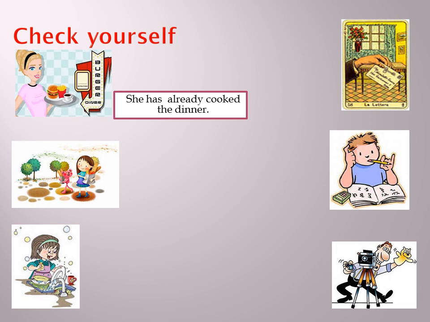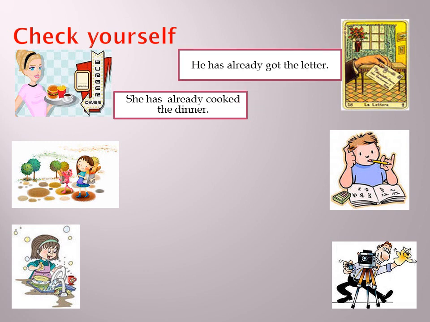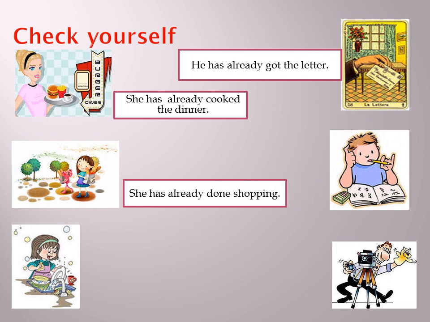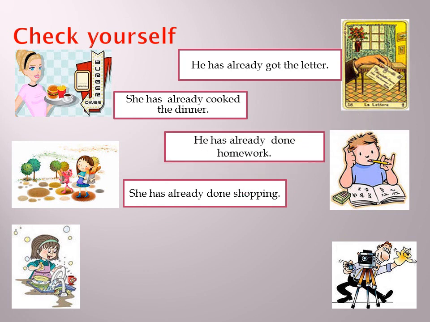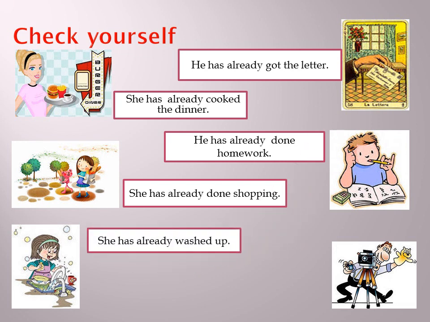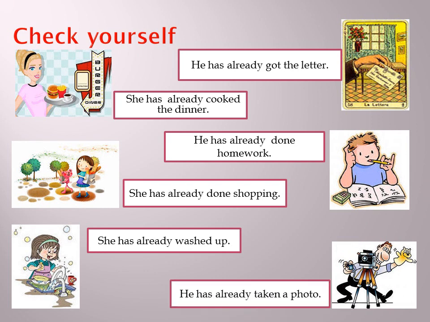She has already cooked the dinner. He has already got the letter. She has already done shopping. He has already done homework. She has already washed up. He has already taken a photo.